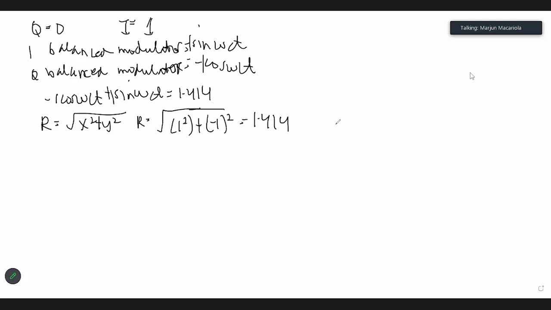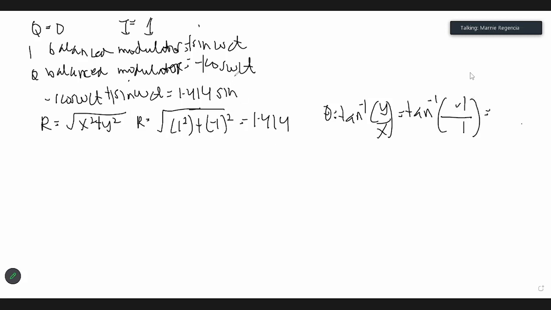And your angle is equal to arctan ng y over x. This will be equal to arctan y is equal to negative 1 and your x is equal to positive 1. Ano pong sagot? Negative 45 po. Okay? So dito wala kaming i-add, wala kang ipa-plus kasi nga positive yung x.